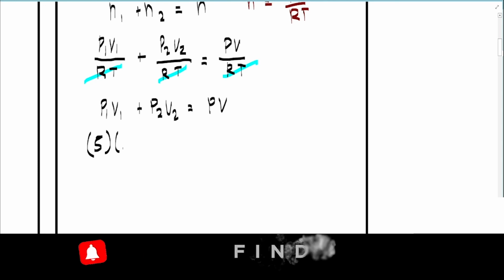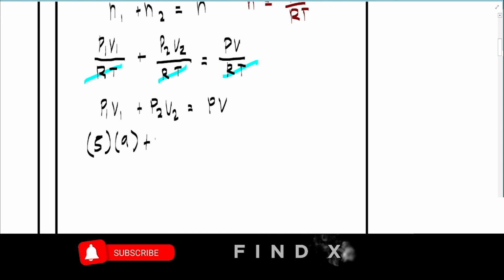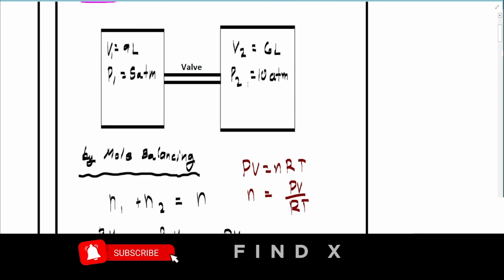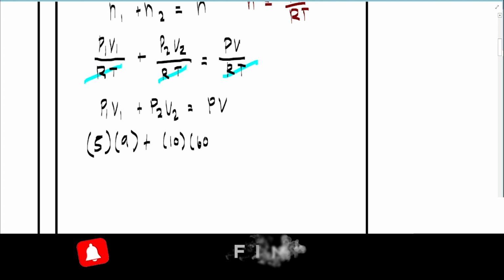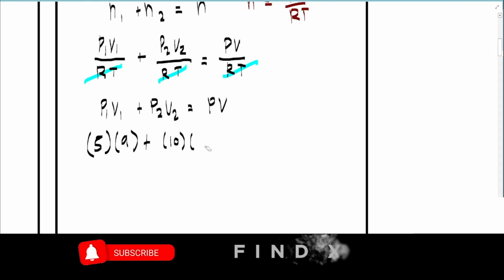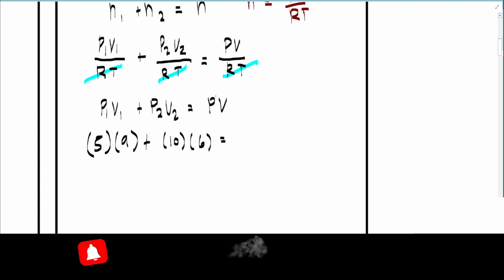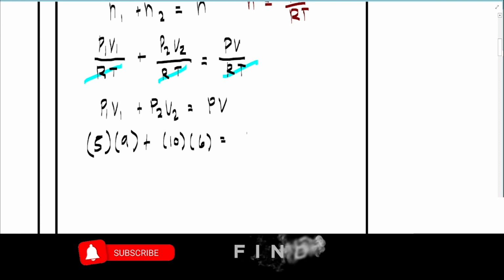So now we can just substitute the values that we have here. So what is P1 and V1? We have 5 atmosphere and 9 liters plus, which is P2V2, that's 10 and 6, equal to, now what is the total pressure is the one that we are looking for.